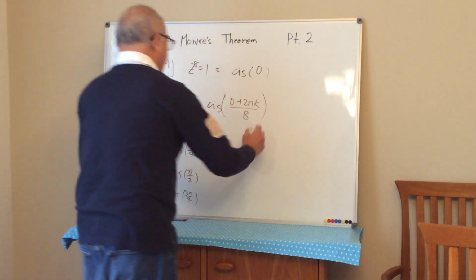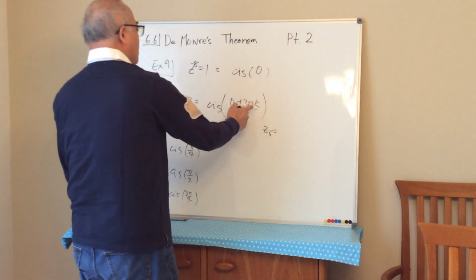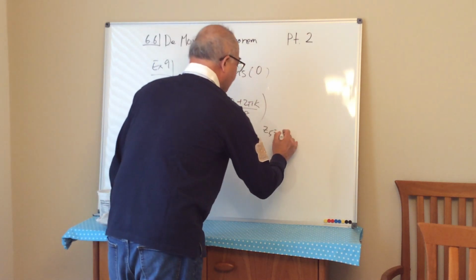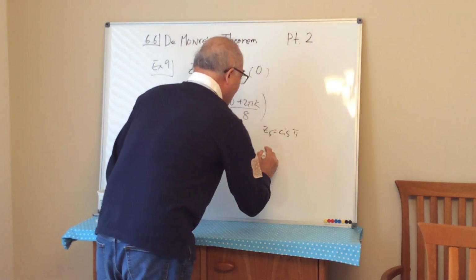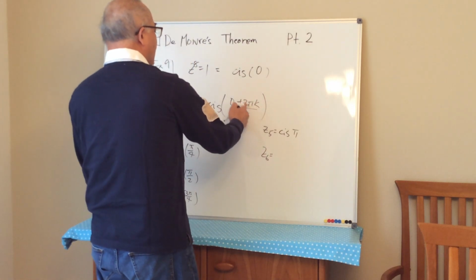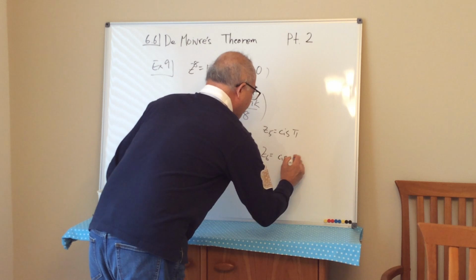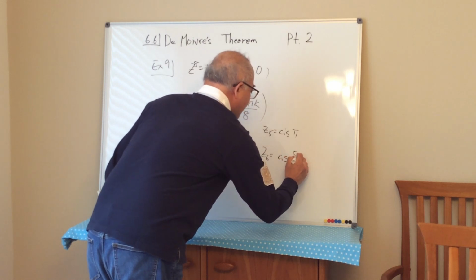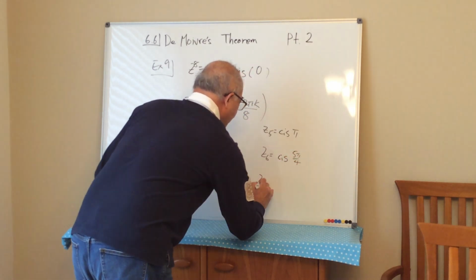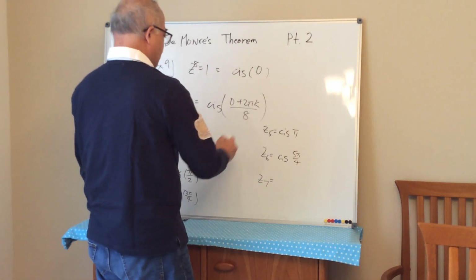Okay. Then the fifth one is when this is 4, so it's going to be 8 pi over 8, which is going to be pi. The sixth one is when this is 5, so I get 10 pi over 8. 10 pi over 8 is the same as 5 pi over 4. Seventh one, it's going to be what?